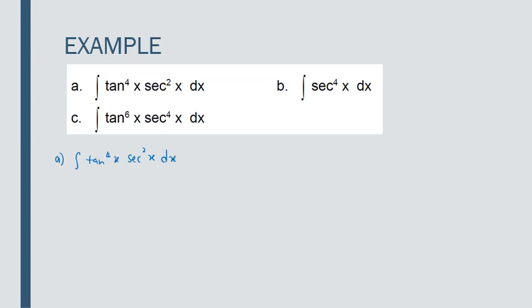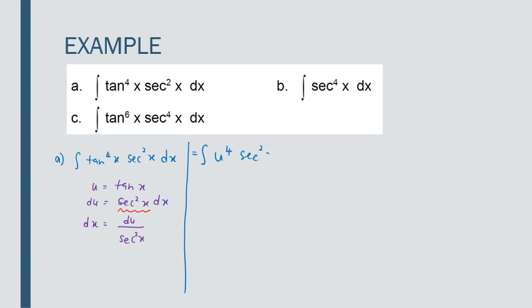Okay, step 2, use identity. So we use the substitution u equal to tangent x, so du equal to secant square x dx. Why do we leave the secant square? Because of this, we want to eliminate it with this one. So what is our dx? du over secant square x, right? And then substitute into our equation: integrate tangent, which is u, so u power of 4, secant square x dx.